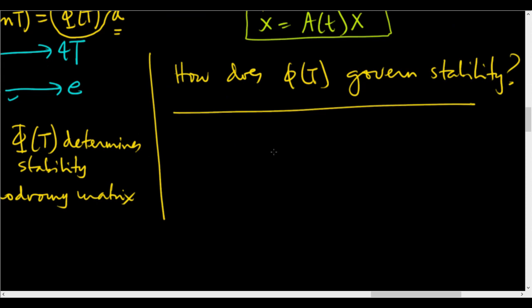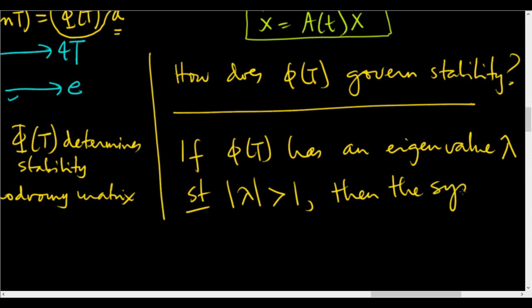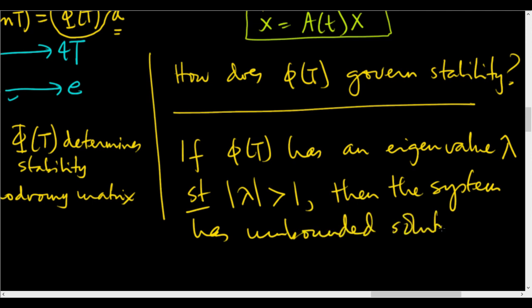Okay, so if phi of T has an eigenvalue lambda such that modulus of lambda is bigger than 1, then the system has unbounded solutions.